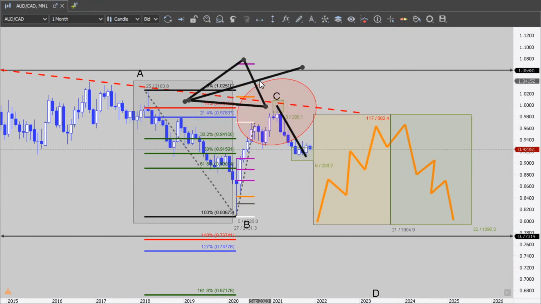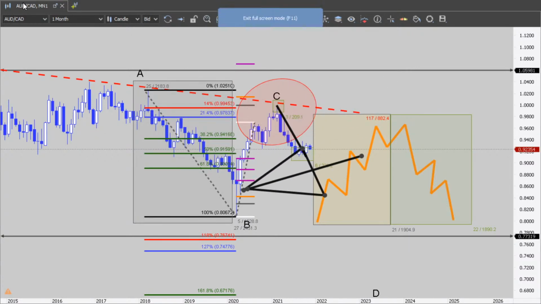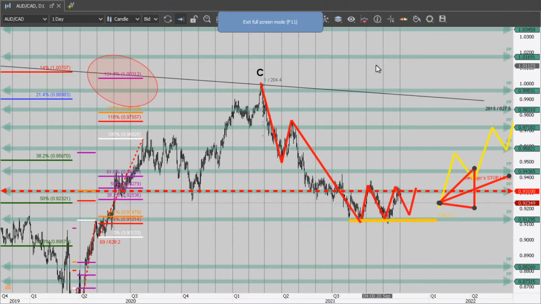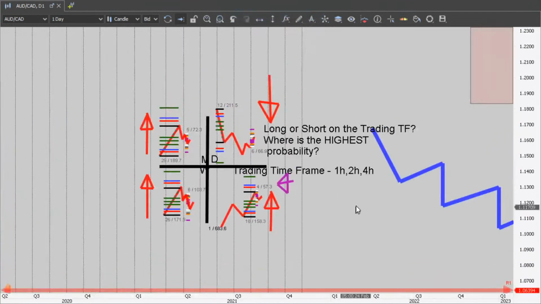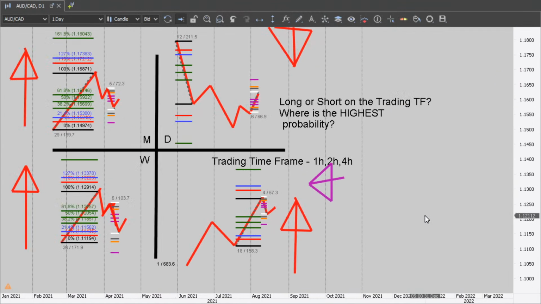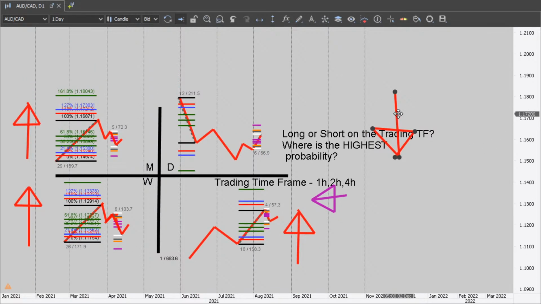Try to identify, oh my gosh, this is in a retracement, or this is in an extension. What is the probability of going long or short on AUD-JPY, AUD-CHF, NZD-CAD, AUD-USD, USD-CHF, AUD-NZD, all the currency pairs and time frames?